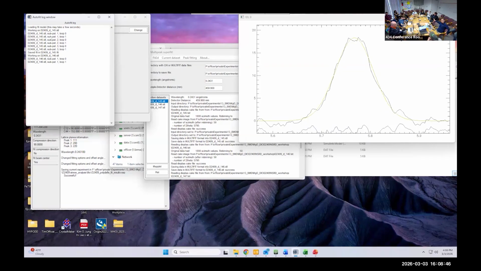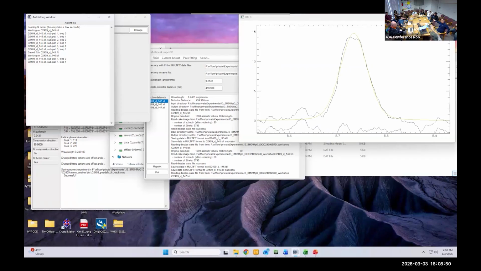Once this is done, I'll fit the other one, but I won't use the plotting.